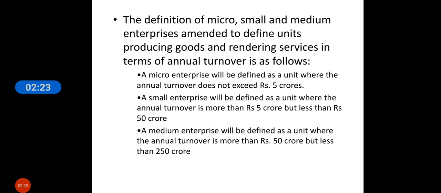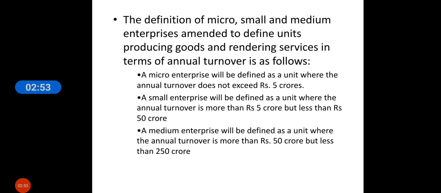A micro enterprise will be defined as a unit where annual turnover does not exceed 5 crore. अगर आपका टर्नओवर 5 करोड़ से एक्सीड नहीं कर रहा है, then you are in the category of micro enterprises. Small enterprises will be defined as a unit where annual turnover is more than 5 crore but less than 50 crore.